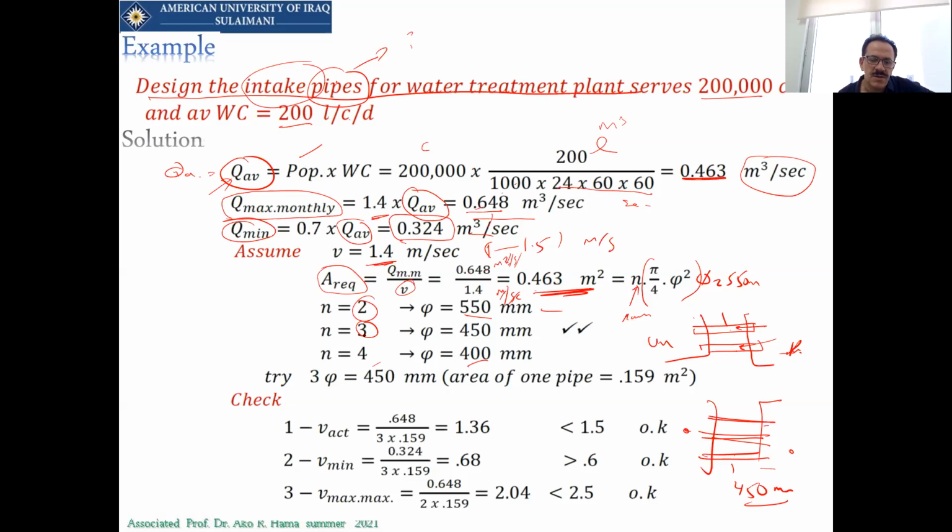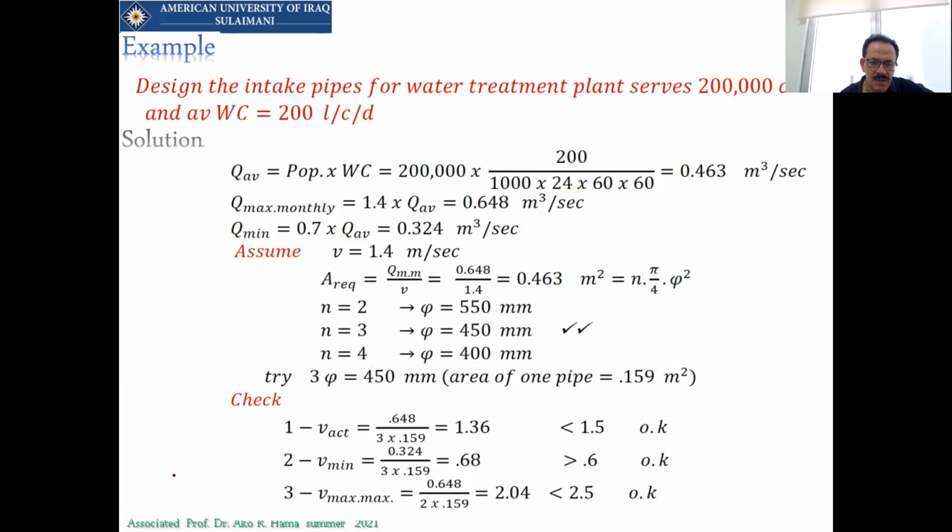If you are using 3, now it will be 3 plus 1, which is 4. So I advise you to use an odd number, not an even number. So 3 pipes will be enough to deliver 0.463 meter cube per second from the river to that tank, and the diameter of each of them should be 450.